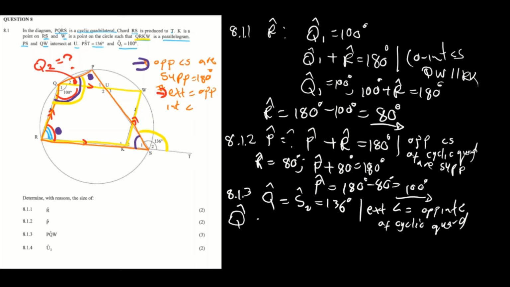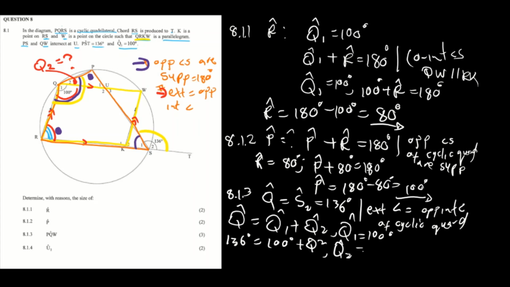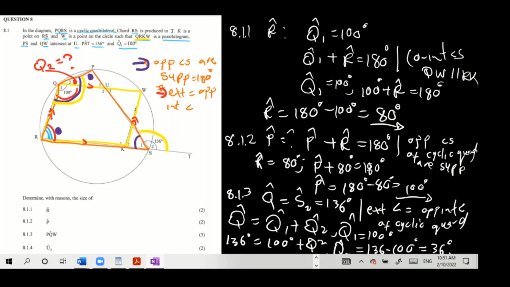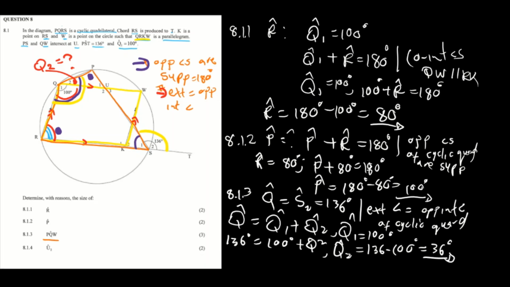Q is equal to Q1 plus Q2. We know angle Q1 is equal to 100 degrees. So 136 degrees equals Q1, which is 100 degrees, plus Q2. Therefore angle Q2 is equal to 136 minus 100 degrees, which gives you 36 degrees. So this is the angle of PQW.